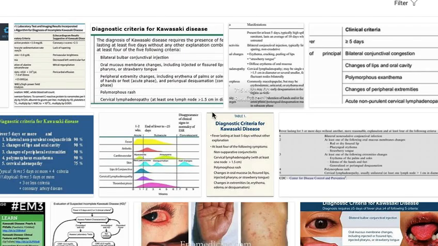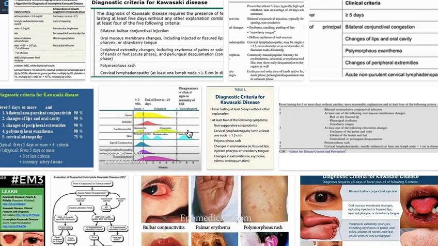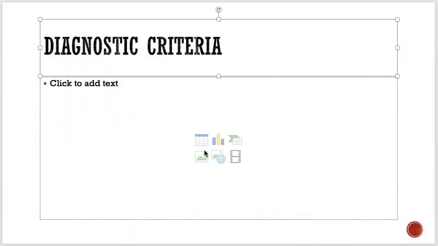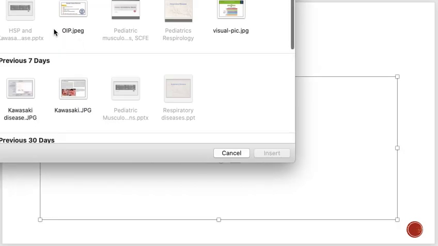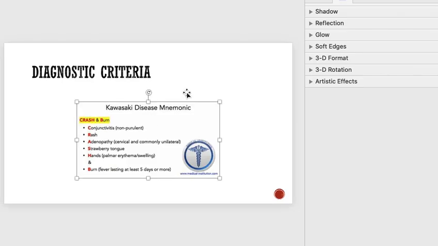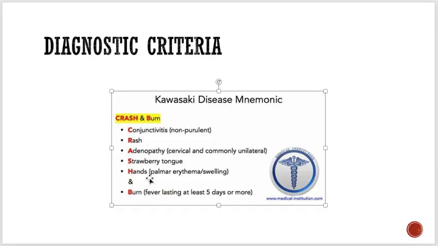Why? Because I told you they are very commonly present. Now I'm going to include these things in my slide, the diagnostic criteria I talked about, like the mnemonics, and of course whatever you like, you can remember. See, one thing is crash and burn.